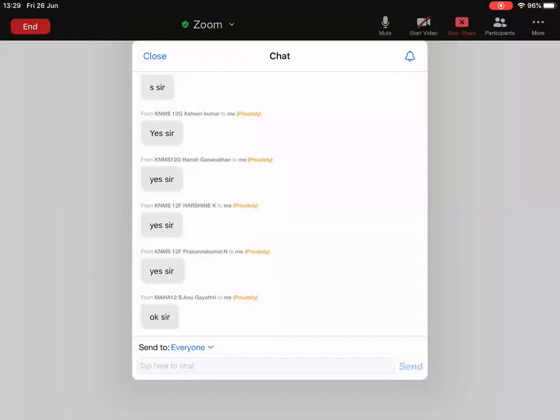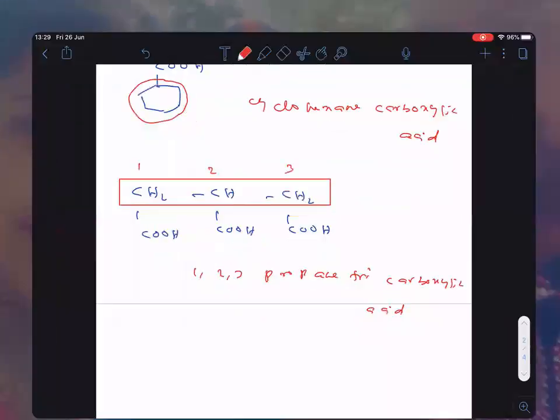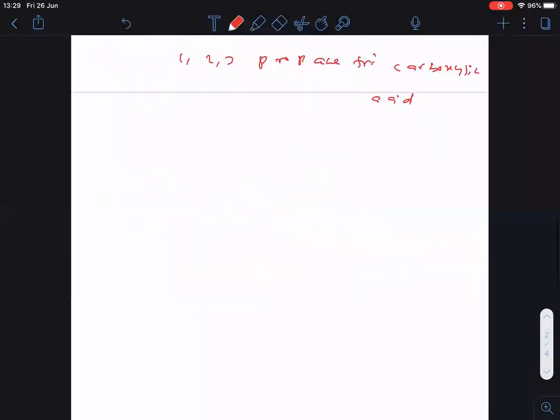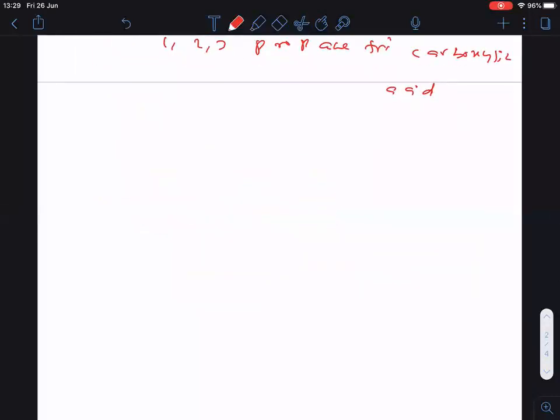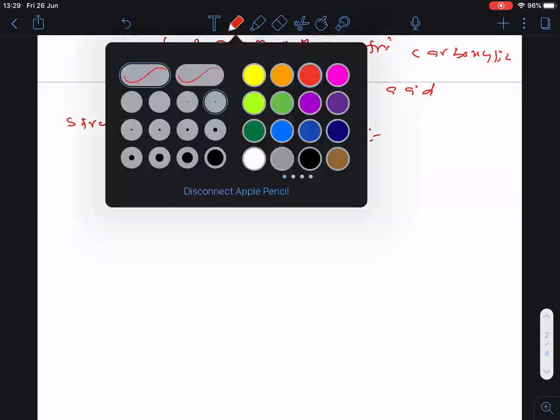Right, now after completing the nomenclature, we are going to see the structure of the carboxyl group.